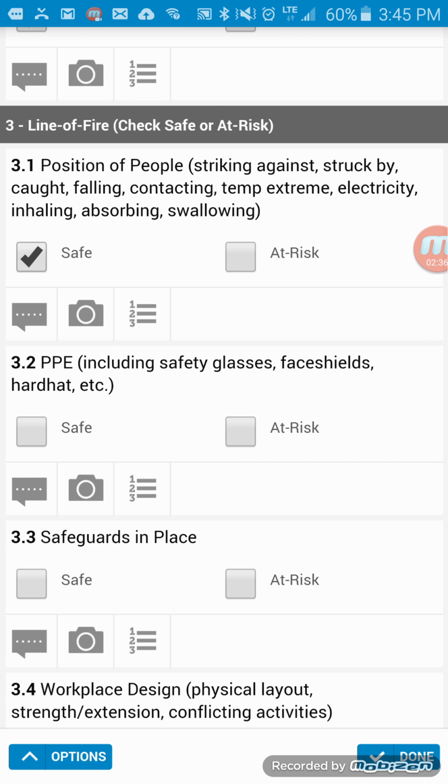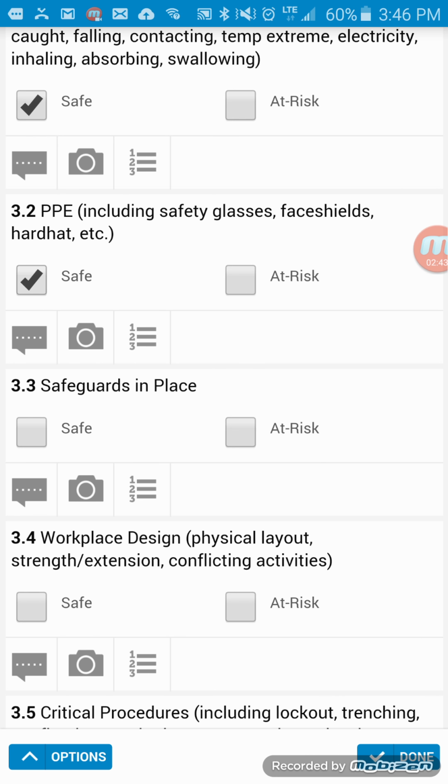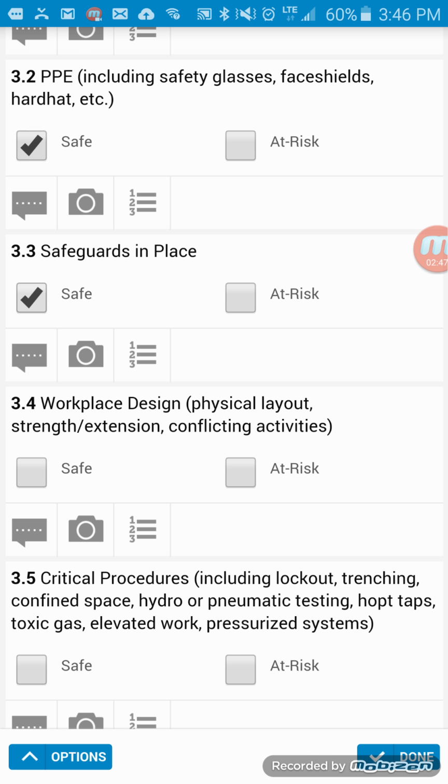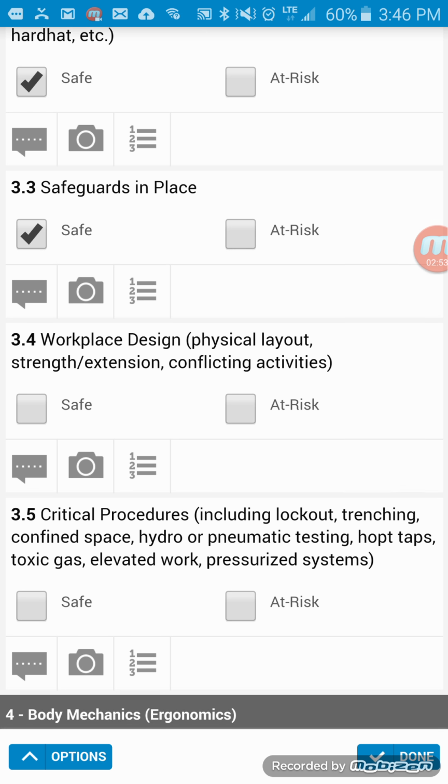Are they wearing the PPE and all required in terms of doing this work and the compressor change-out? Are the safeguards in place, or is there any at risk? Workplace design, physical layout in terms of strength, extension, conflicting. It means is able to do the work in a safe manner and not in a very awkward position and so forth.